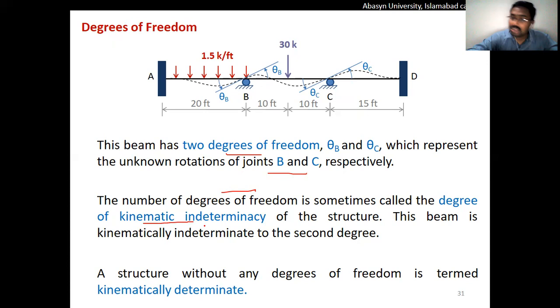What we calculated so far is the degree of static indeterminacy. The other term is the degree of indeterminacy in the form of kinematics, which is also called the degree of freedom of the structure. A structure without any degree of freedom is called kinematically determinate.